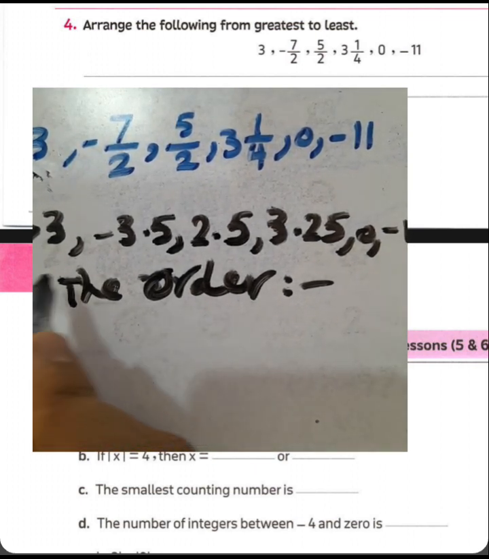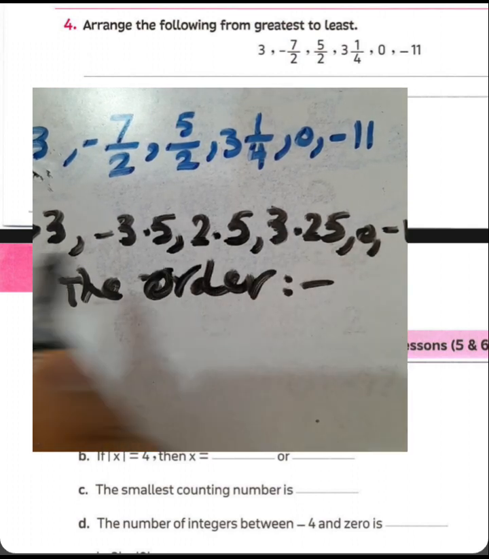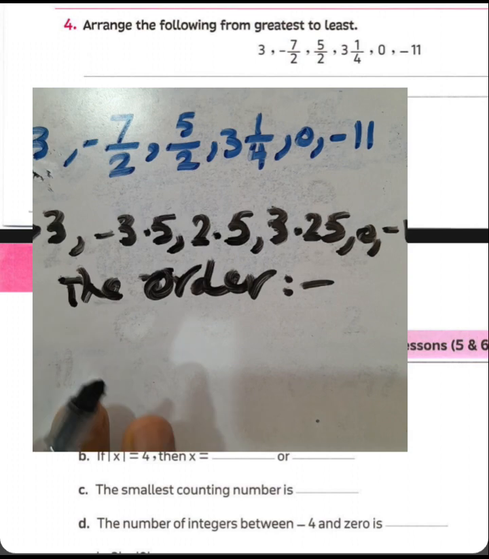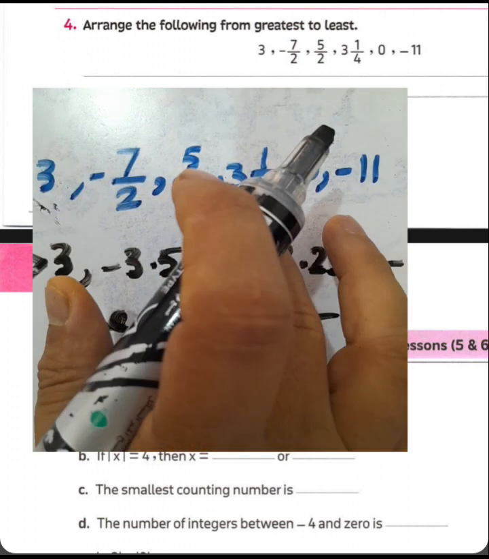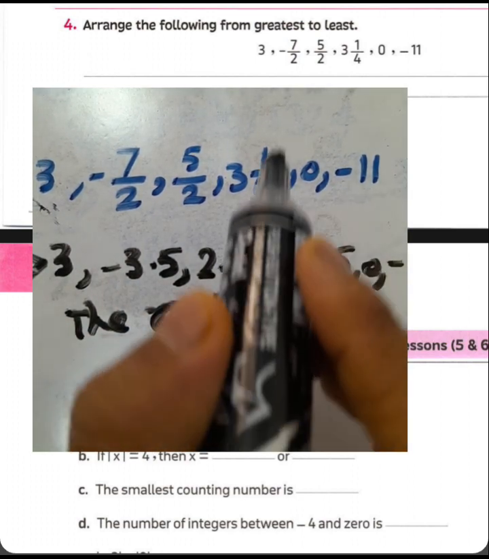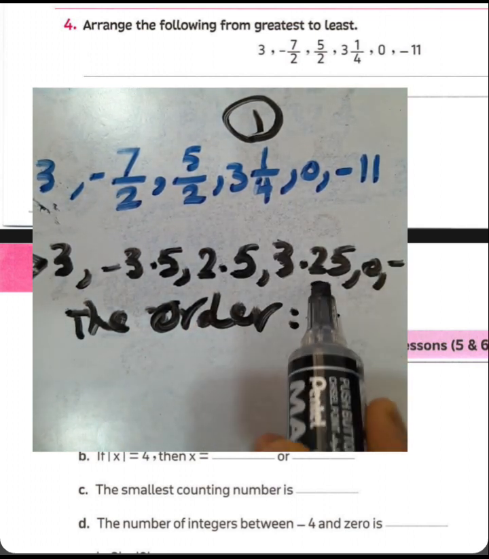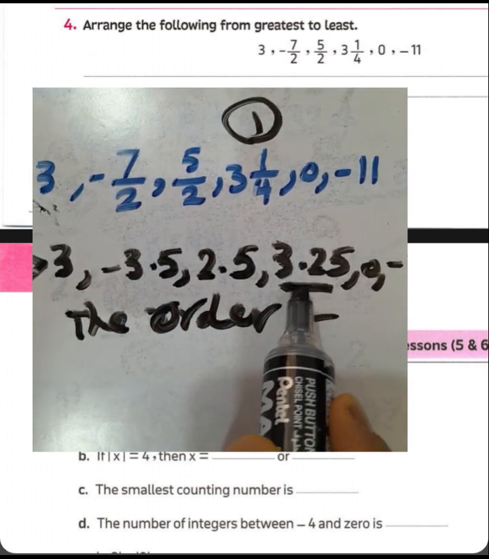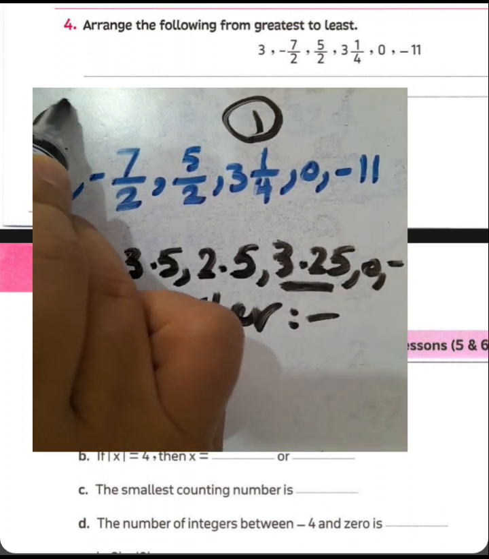Which is the greatest number here? We must arrange the positive numbers first. The positive ones here: 3 and 1 over 4, 3, and 5 over 2. 0 is non-positive and non-negative. So it will be 3 and 1 over 4, and then 3, it's number 2.